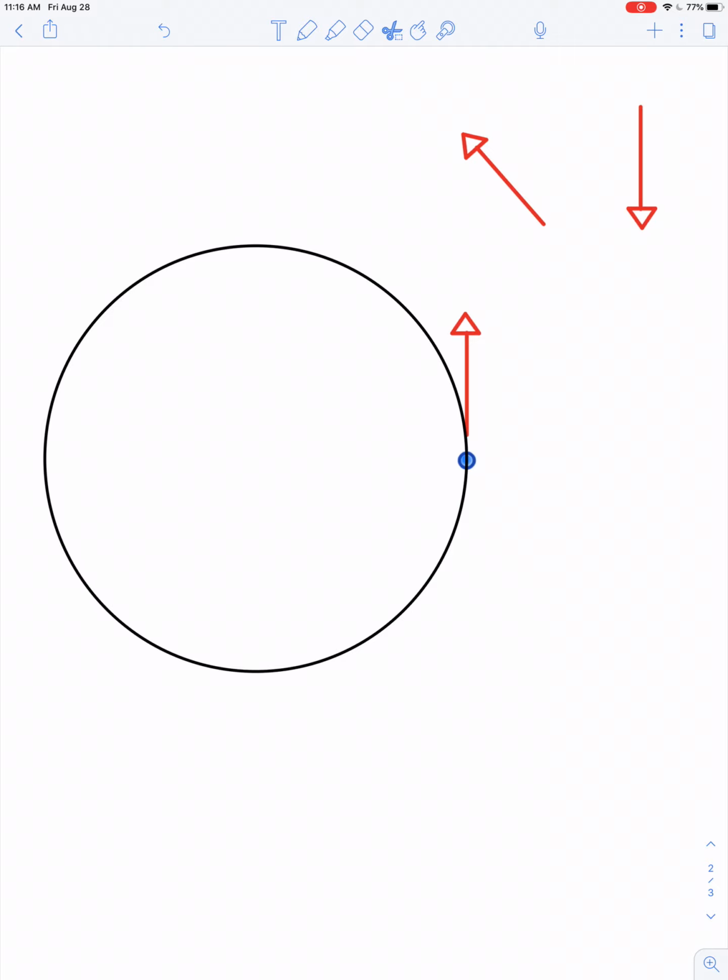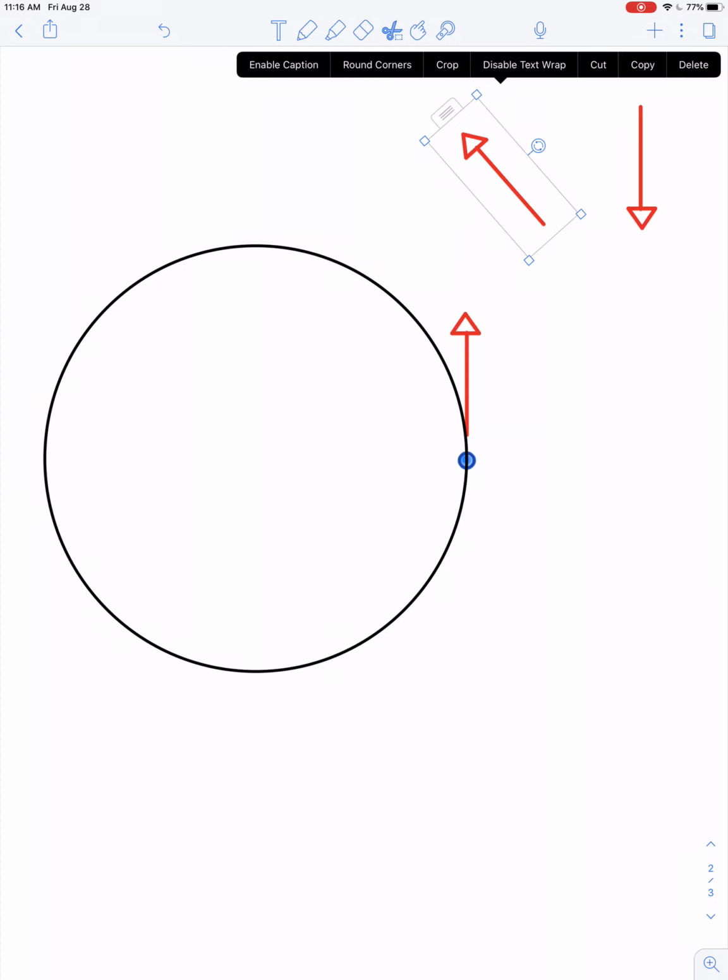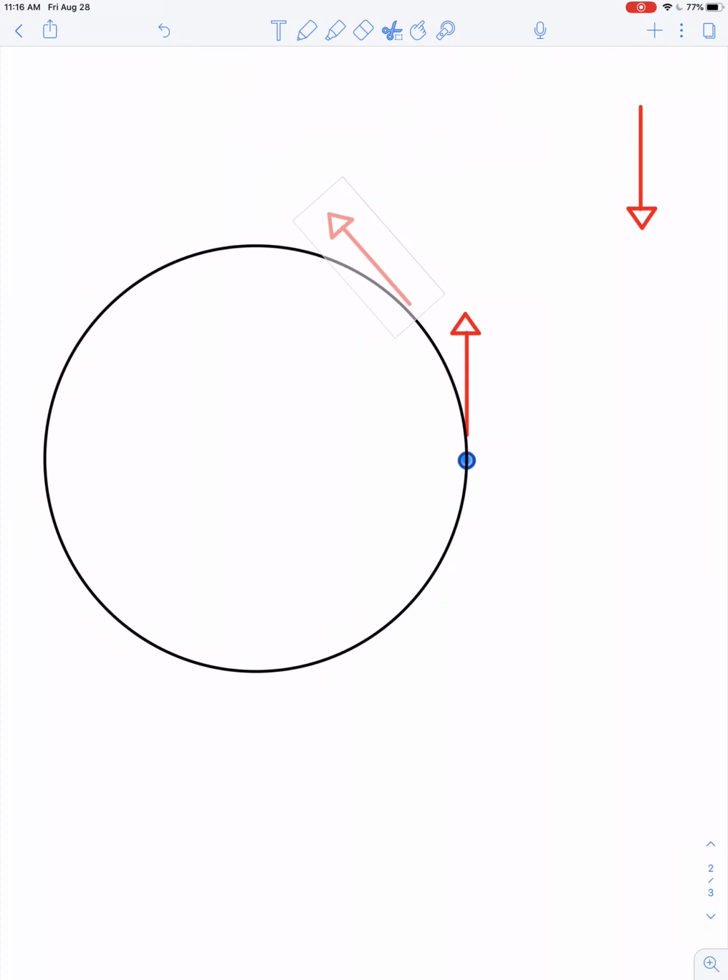Okay, and then let's say the object moves to this final position, where the tangential velocity now points in this direction. So the object's now, let's say, here.